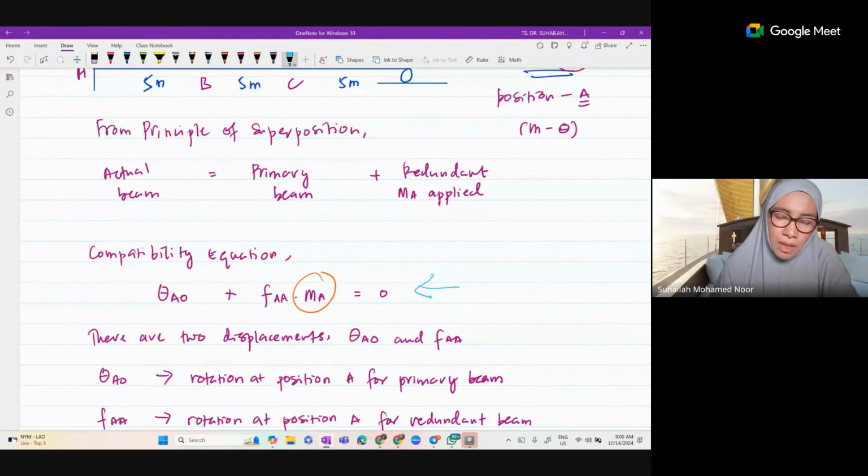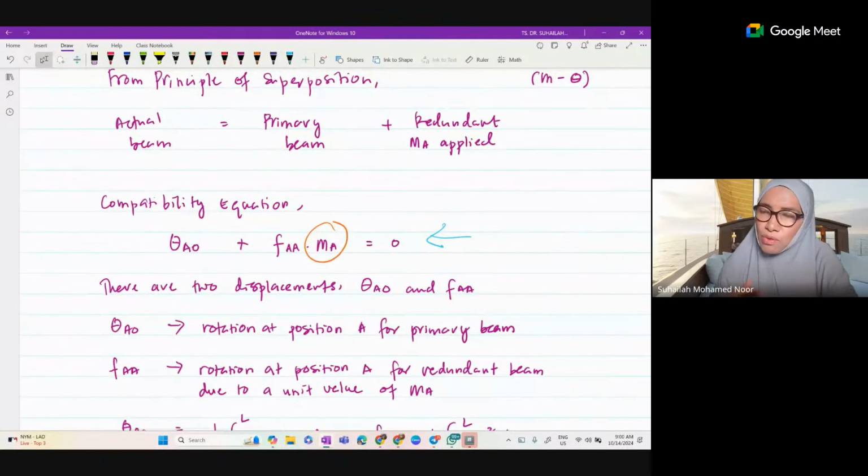The ones I write below are just for you to understand, but by looking at the symbols we use, theta A naught and FAA, we already know that theta A naught is a displacement and FAA is a displacement. There are 2 systems because there are 2 symbols here, the A and the naught. Naught is for the primary beam, A is for the redundant beam. Naught takes the primary beam, A is the redundant beam. If the redundant is at B, it becomes B. So it changes according to the redundant position.